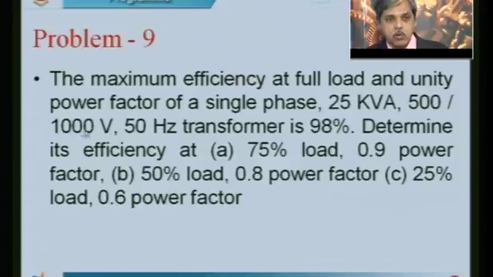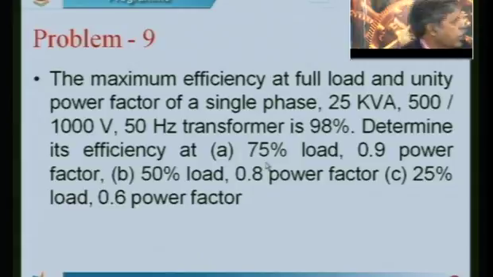Therefore the transformer is a step up transformer, working on 50 hertz, and its efficiency is 98%. Determine its efficiency at 75% of the load, 0.9 power factor, 50% of load, 0.8 power factor, 25% of the load, 0.6 power factor.